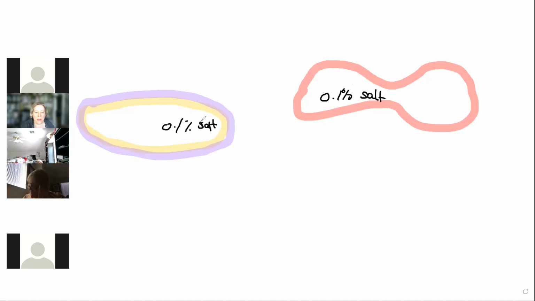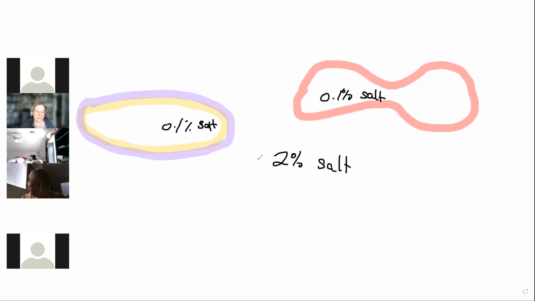What if I did something a little different? What if I dropped it into seawater? Depending upon which sea we're talking about, we'll say the ocean, we have approximately 2% salt. So we've got significantly more salt in this ocean water than we do on the inside of the cell.